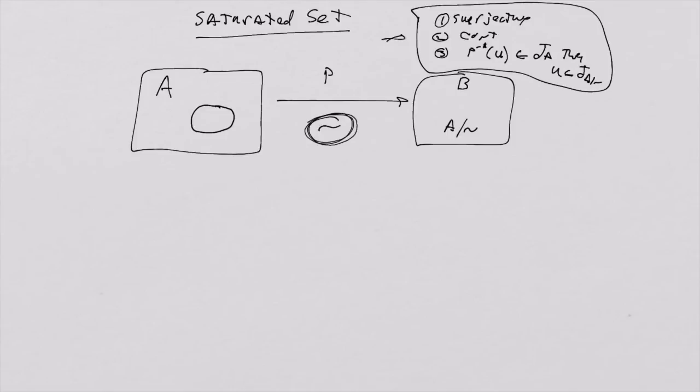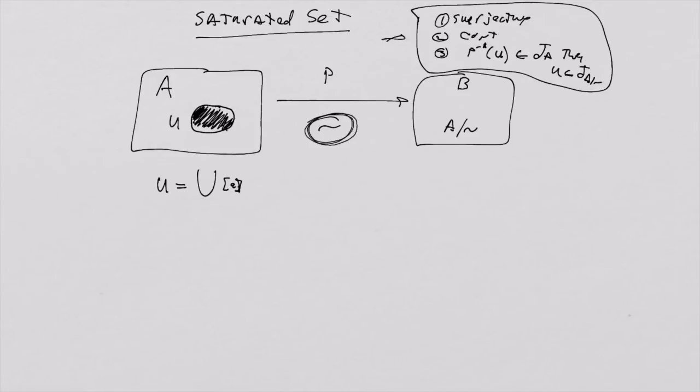But a saturated set is a set in A, so a saturated subset of A is what we're talking about. It's going to be saturated if it is essentially the union of equivalence classes, right? If U, let's call that set U, is equal to the union of an assortment of equivalence classes of A, then U is called saturated.